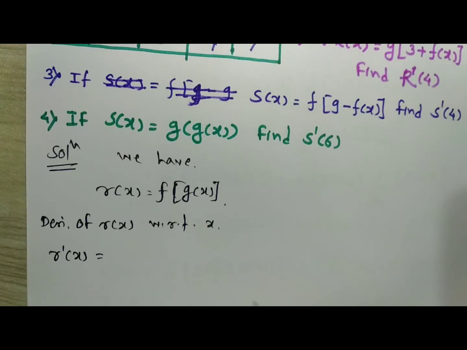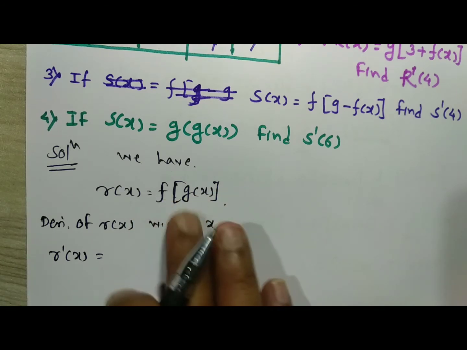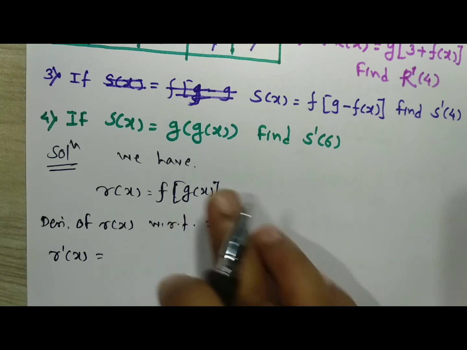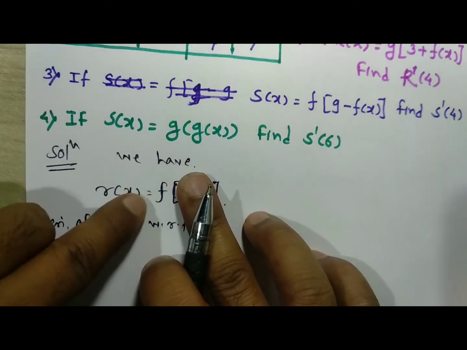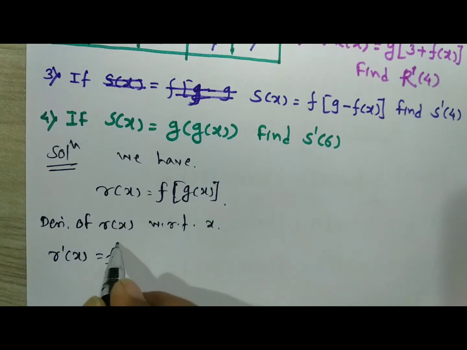Now we know that f is one function and g of x is another function, which is combined inside the other, and therefore it is a composite function. First of all, we cover the expression inside the bracket with your finger and take the derivative of the outside function. That means you will get f dash, and whatever is inside the bracket is taken as it is.